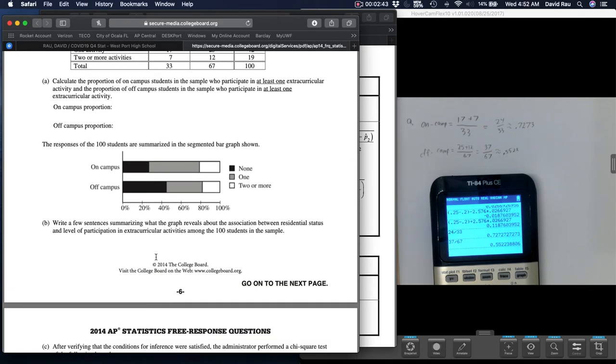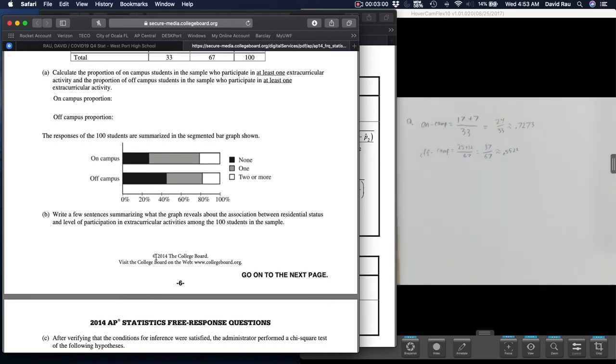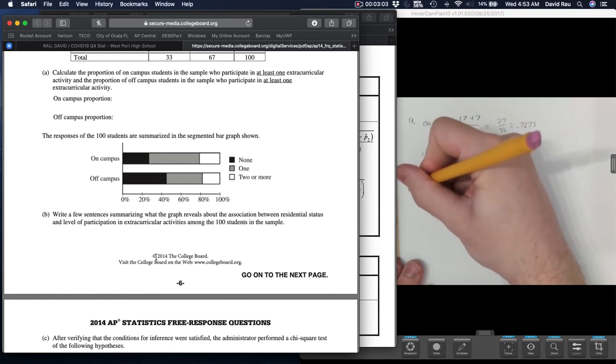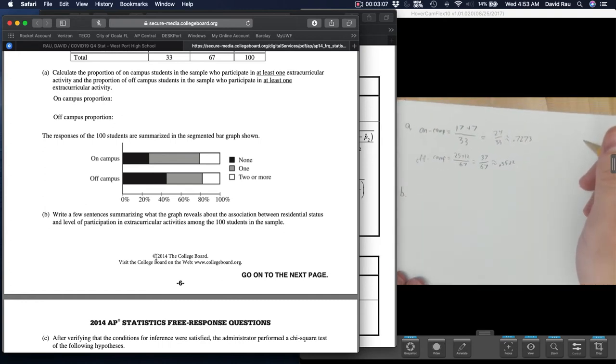Okay, anyways, write a few sentences summarizing what the graphs reveal about the association between residential status and level of participation. So if I'm going to write a few sentences, here's what I'm going to say.